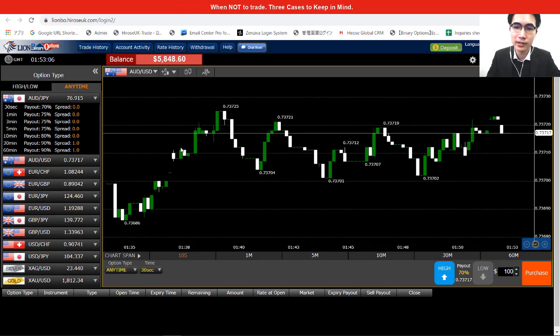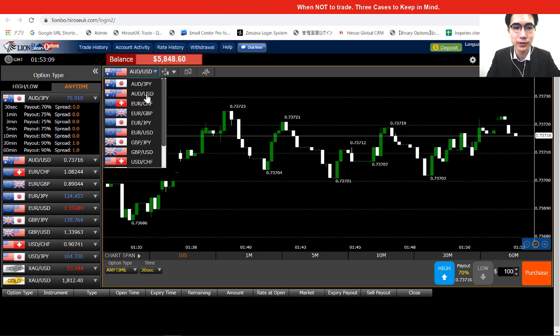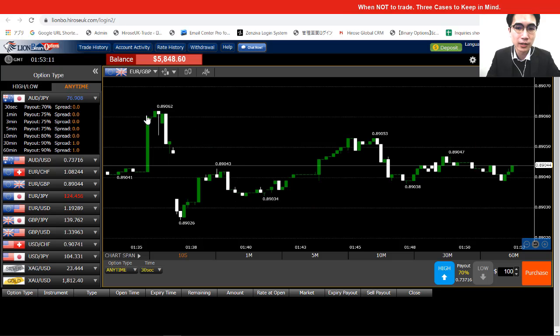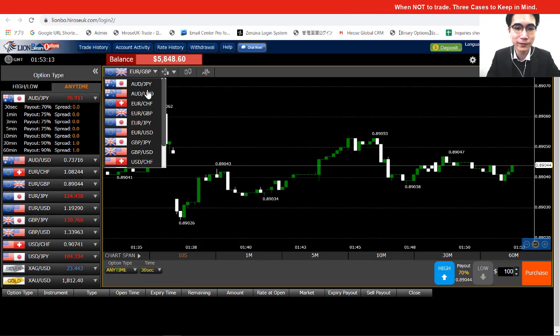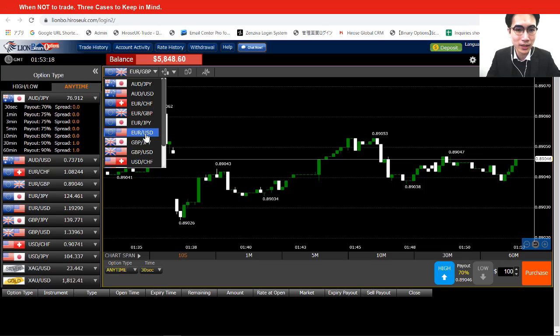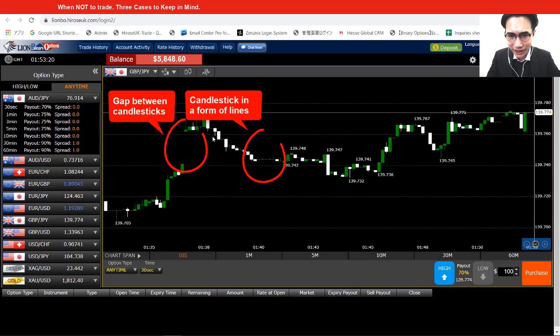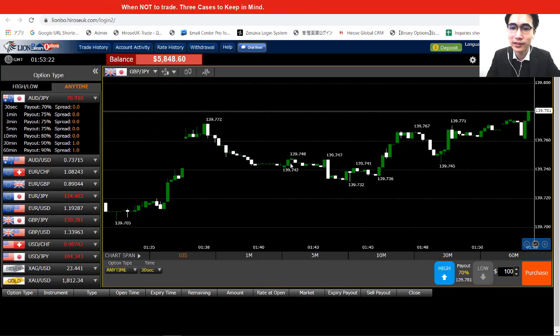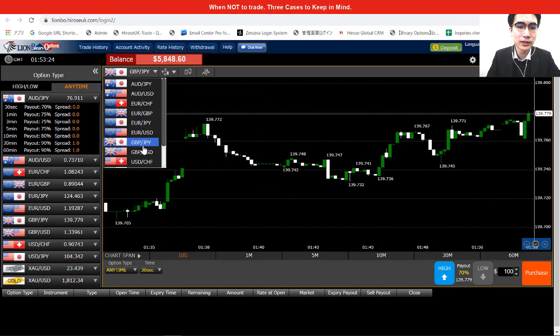And the next scenario, let me try to look for a better example for you. That's really similar to the one I explained just now. Yep, there are gaps, there are lines.